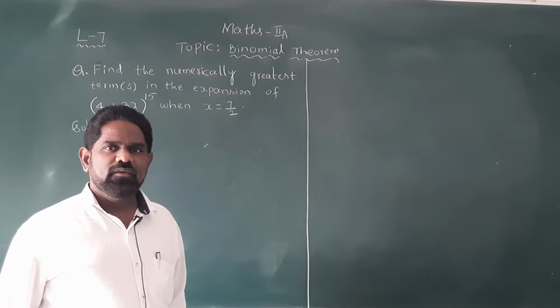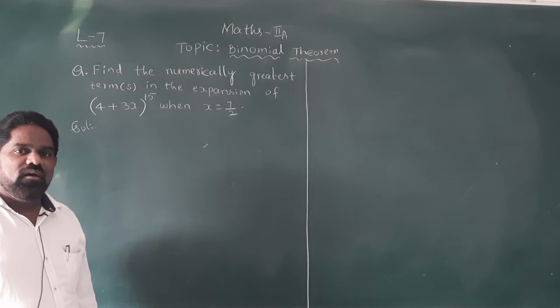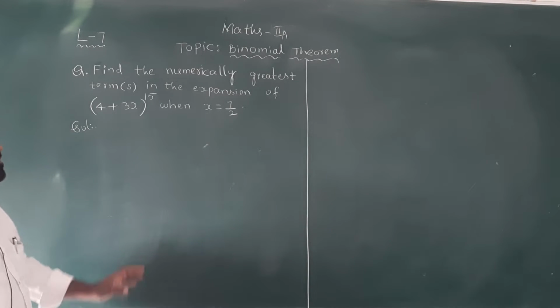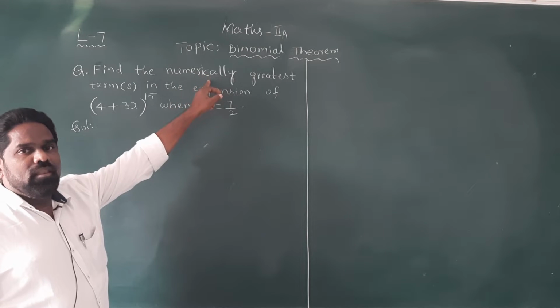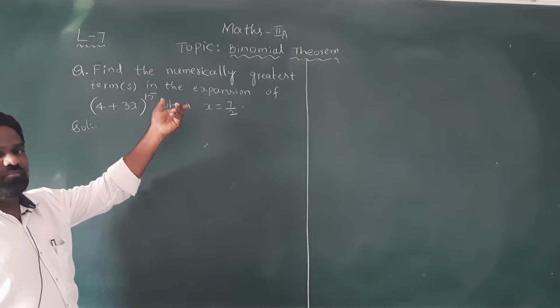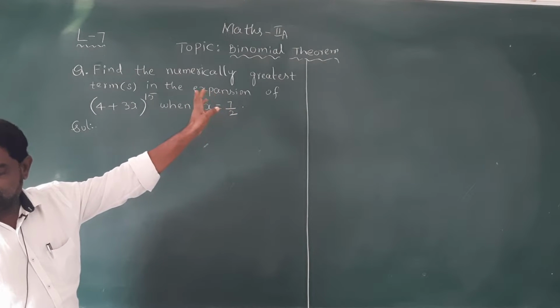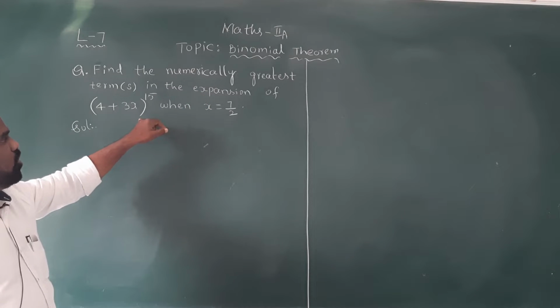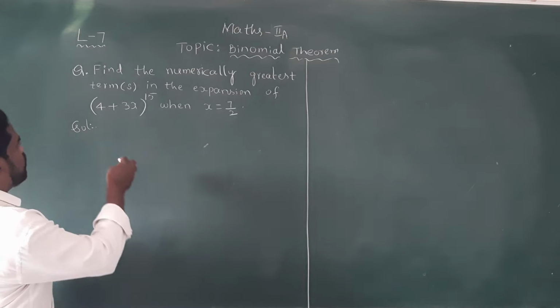Let us see one question. The next question is like this. Find the numerically greatest term or terms, if possible, in the expansion of (4 + 3x) whole power 15 when x equals 7 by 2.